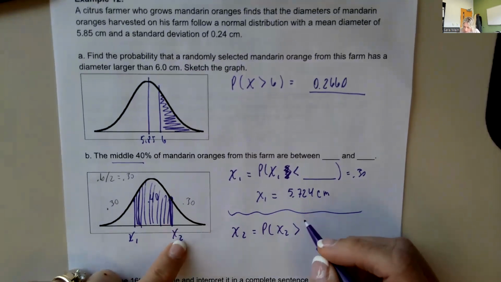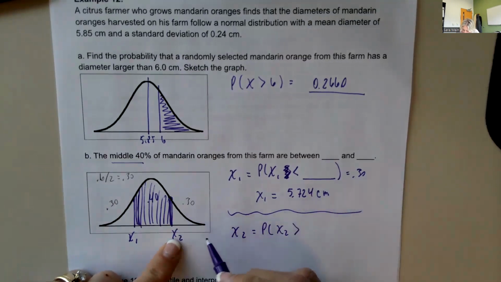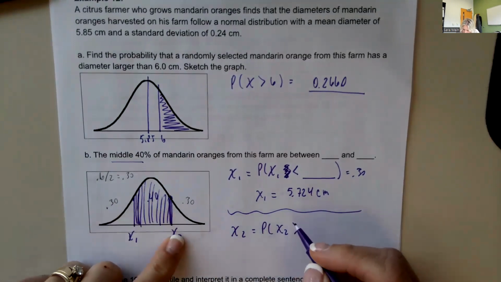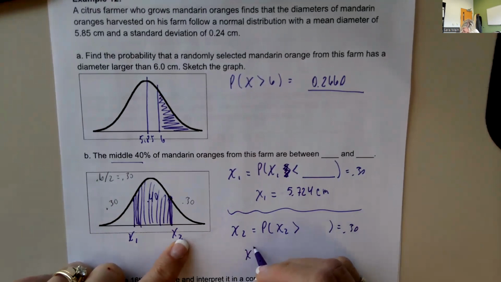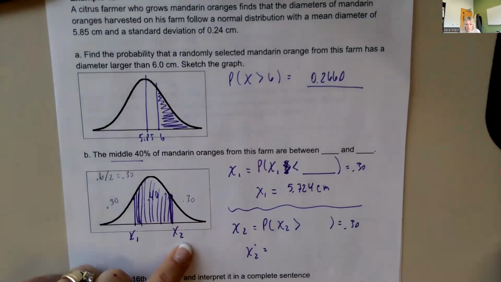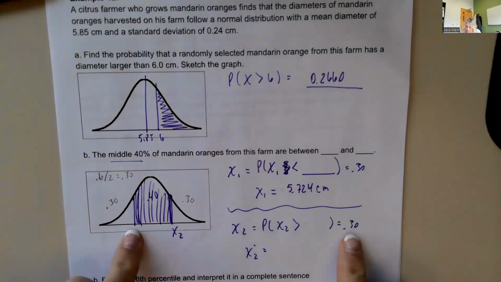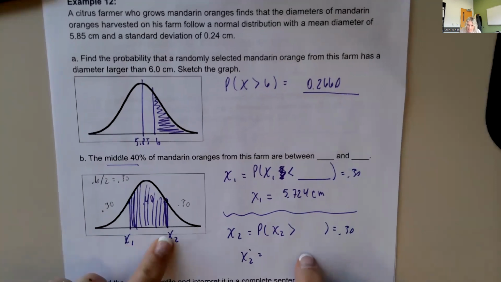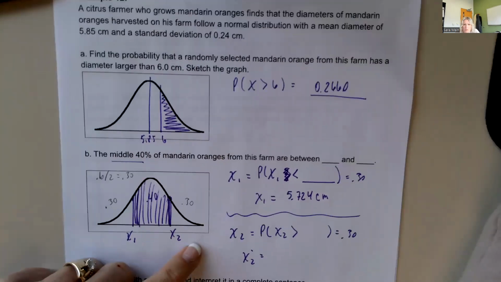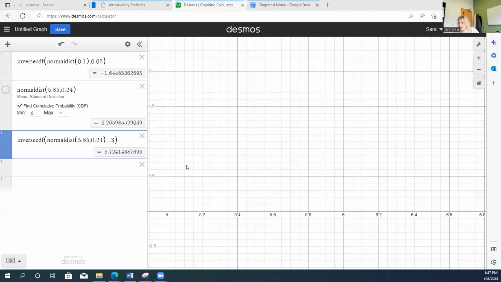So we've got 30% to the right, so we're going to do 1 minus 0.3, so it's over on this side, or you can do 0.7. It's up to you. I'm just going to go in here and do 1 minus 0.3, and that will give us a diameter of 5.976, or 5.98.